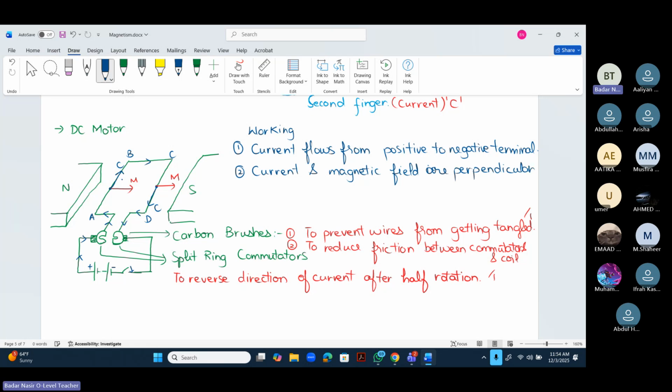इनके perpendicular होने से क्या फर्क पड़ता है कि फोर्स प्रोड्यूस होगी.